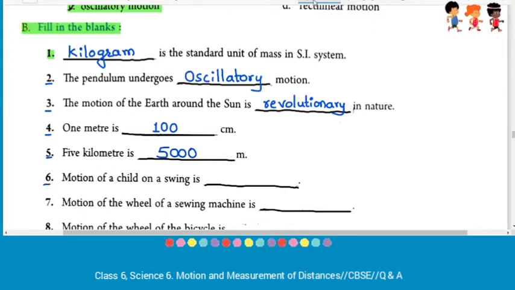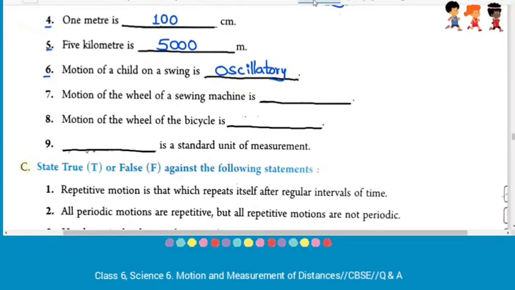Sixth one, motion of a child on a swing is dash. Motion of a child on a swing is oscillatory motion. Seventh, motion of the wheel of a sewing machine is dash. Motion of the wheel of a sewing machine is periodic.